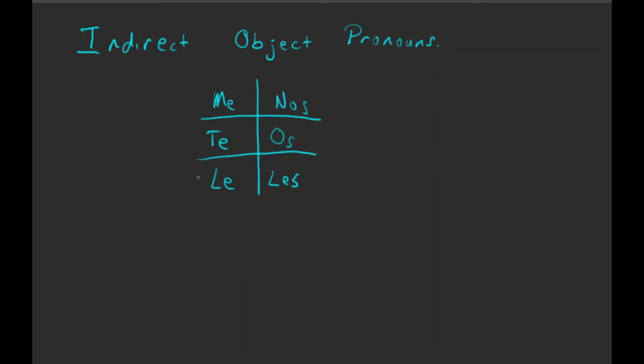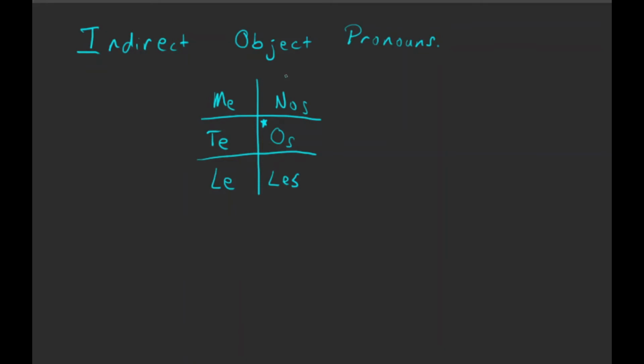If it's him or her that likes the pizza, it's going to be le gusta. For the nosotros form, it's nos. For the vosotros form, putting a star here, only in Spain, they use os. For the ellos, ellas, ustedes form, we've got les.